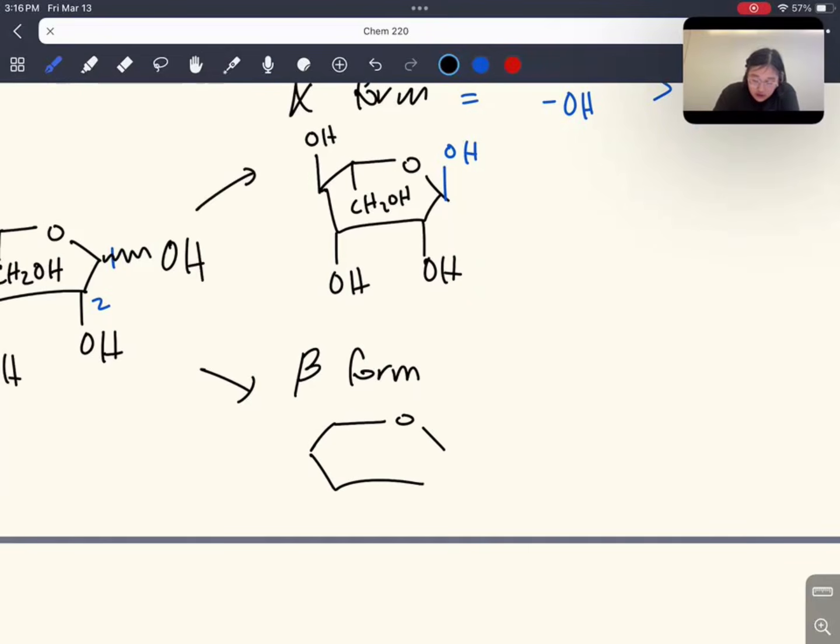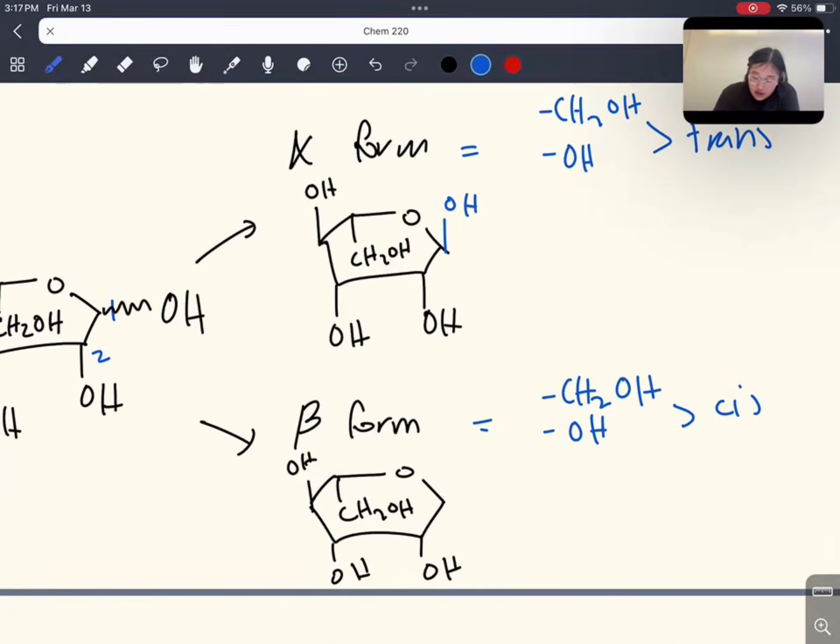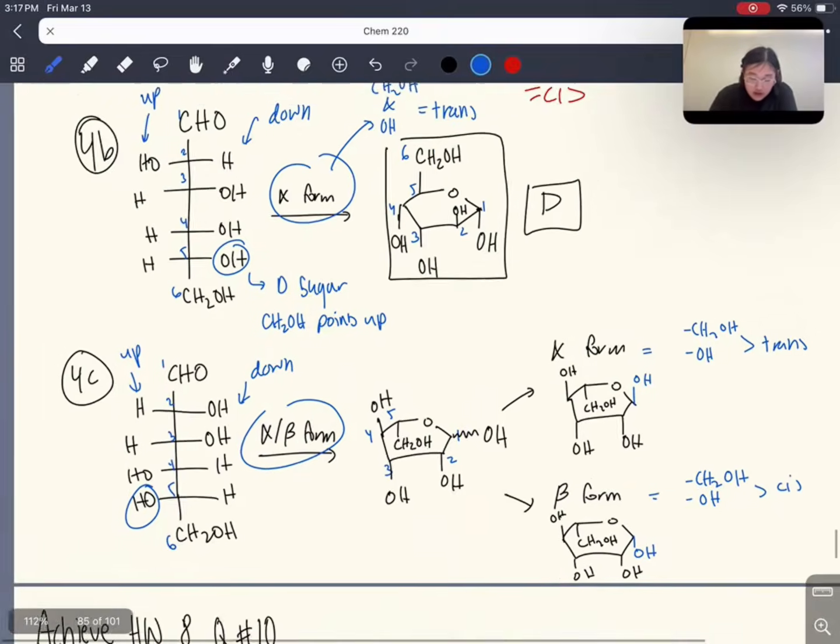So OH, OH. In the beta form, your CH2OH group and your OH group are cis to each other. And so that means that your OH group would point down on carbon 1 since your CH2OH group also points down. And so that is how you do 4C.